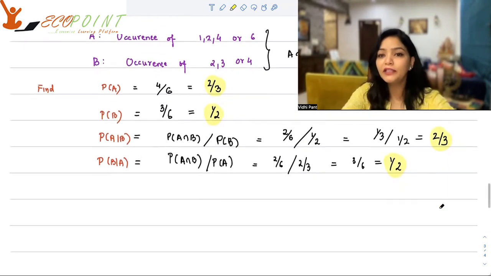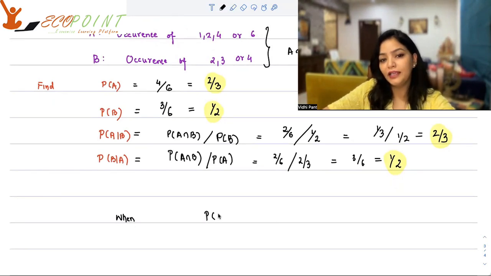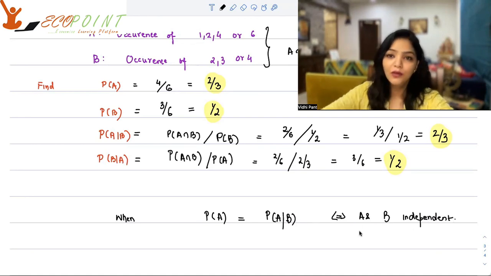When this kind of a thing happens, when probability A is same as probability A condition to B, that means A and B are independent. That can only happen when both these events are independent of each other. So this gives you a scenario that there can be events which are independent of each other.